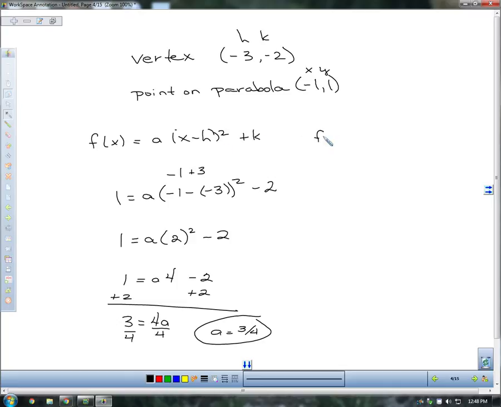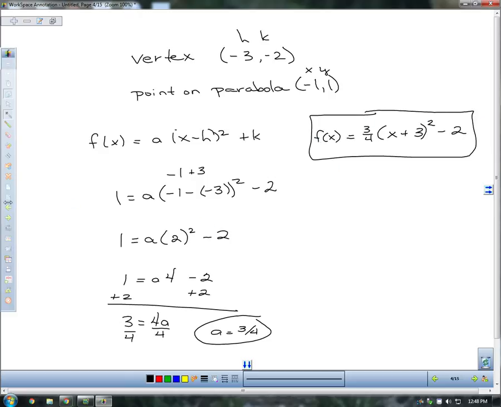So I'm going to leave f of x this time. That's equal to 3/4 (that's a) times x plus 3, because this means x and then the opposite of h, which would be positive 3, squared minus 2. This is your answer in vertex form.